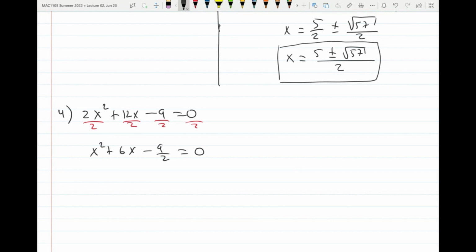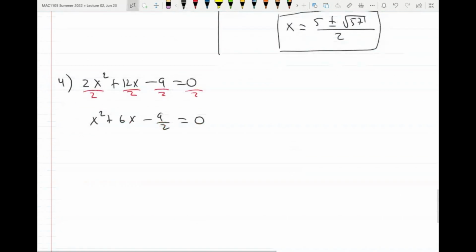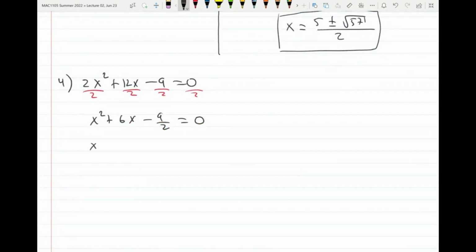Okay? So bring this guy to the other side because it's not what's supposed to be, right? Then we begin. What do we need here? Half of 6 squared. Which is? 9. 9, right? So we need a 9. So we add 9 to both sides.